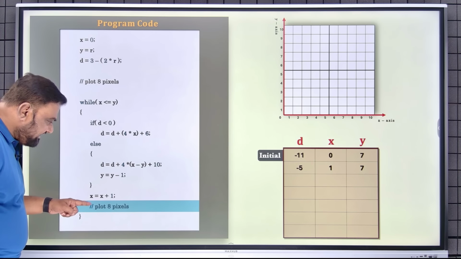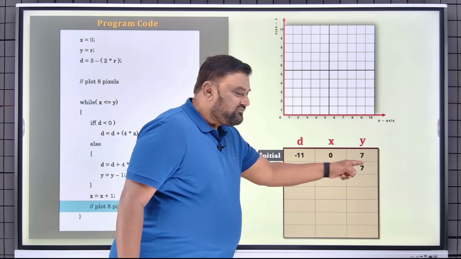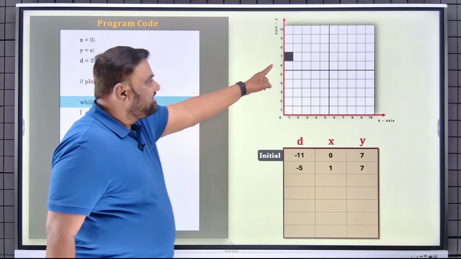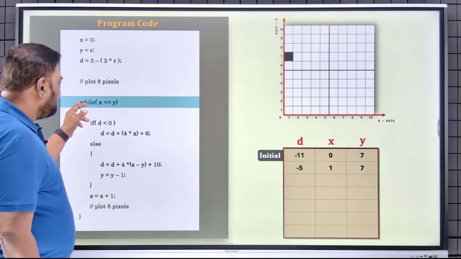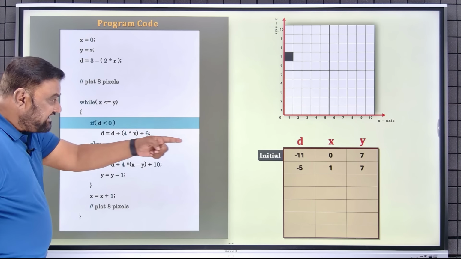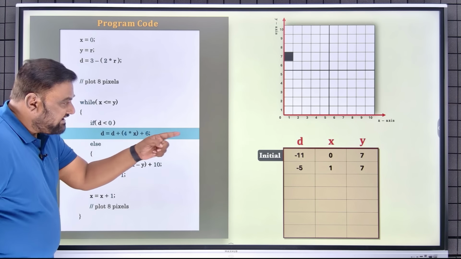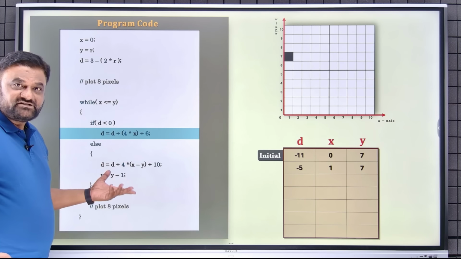Then plot 8 pixels, but we'll plot only 1 pixel. What is that? 1 comma 7. The moment it is executed, we have 1 comma 7 plotted here. Continue. x is less than or equal to y, 1 is less than or equal to 7. Enter inside. d is negative, yes, d will modify. 4 into x is 4, plus 6, 10.